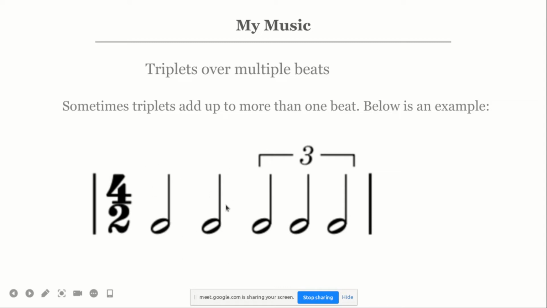Correct. So may I ask you, this triplet, does it cover 1 or 2 beats? It covers 1 beat. Okay. So what is a beat in 4/2?